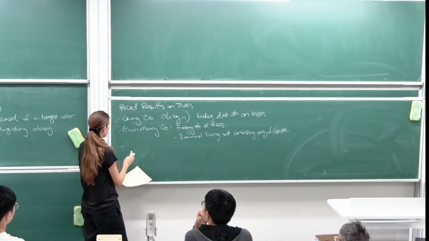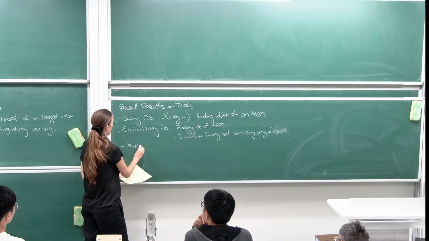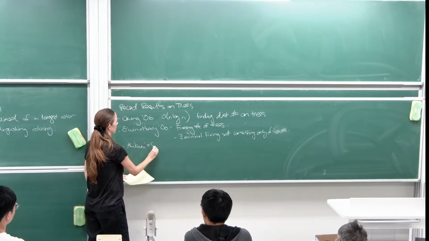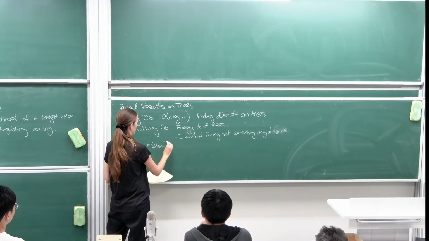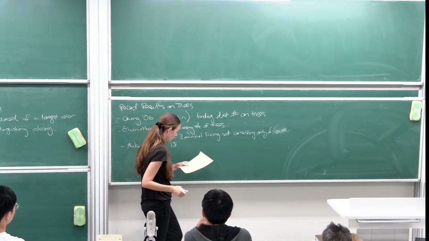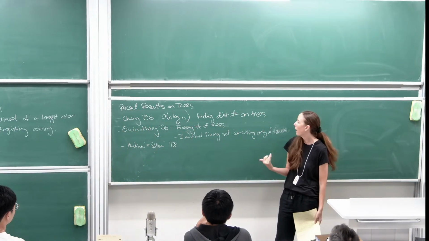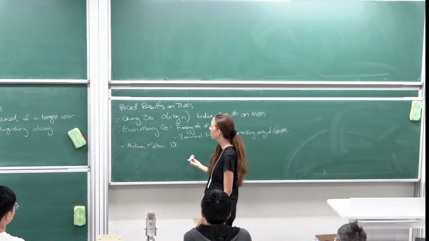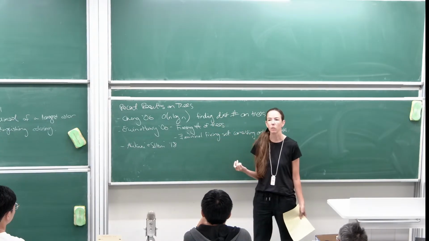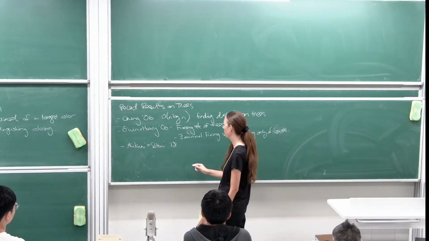And so in 2018, Alikhani and Soltani looked at trees with distinguishing number 2, and were able to characterize all trees with radius less than or equal to 3 that have distinguishing number 2.